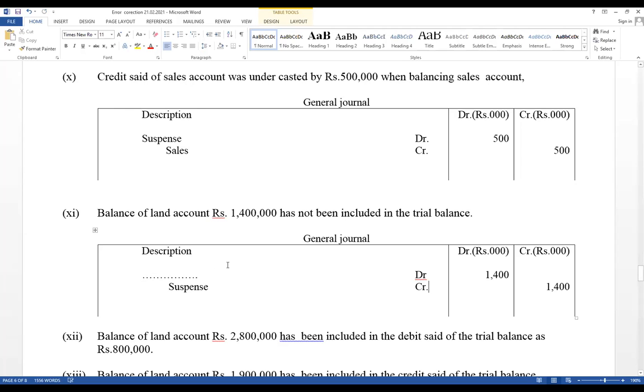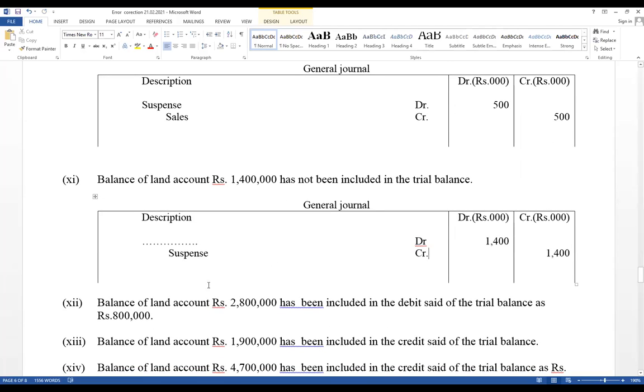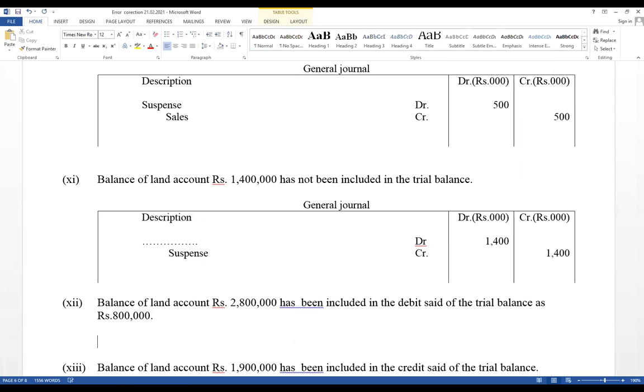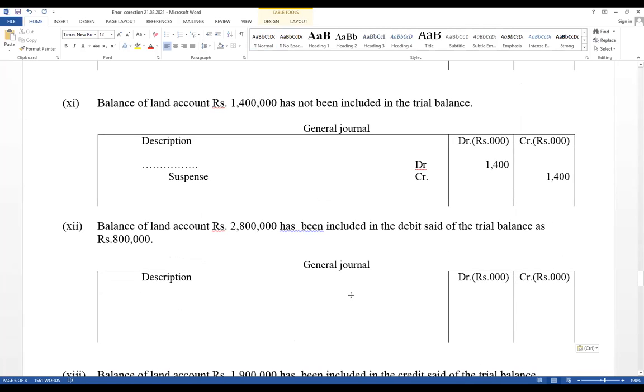Only a dot line. Narration: being correction of land account balance was not included in the trial balance. Think about the next one. Think what would be the answer. Balance of land account 2.8 million has been included on the debit side of the trial balance as 800. Recorded, but the value is not correct. When preparing the trial balance, 2800 should be included on the debit side, but only 800 is recorded.